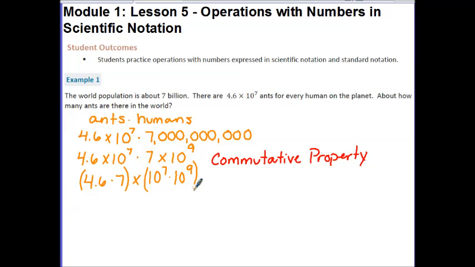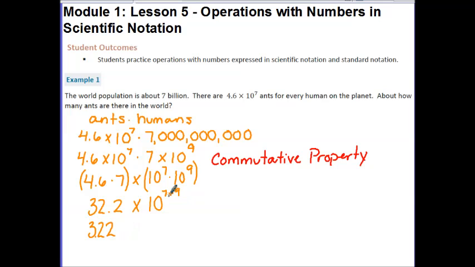So if I multiply these, 4.6 times 7 is 32.2 times. We know from our exponent laws that if I'm multiplying the same base, I would keep the base and add the exponent, so this would be 7 plus 9. And I need to put this into scientific notation, so let's start with what our number should be.